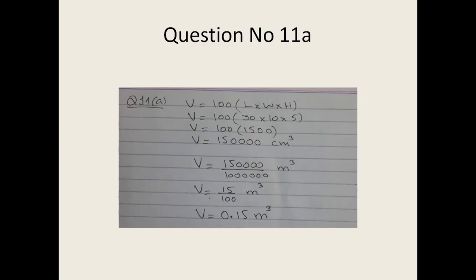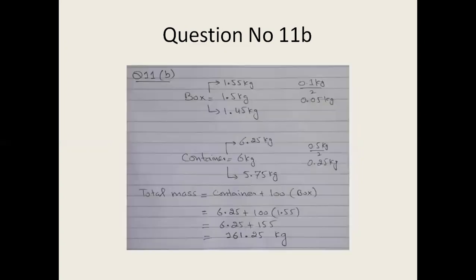If you want to convert centimeter cube into meter cube, you have to divide by 100, 100, 100. So it's like 1 and then 6 zeros. You have to divide by it. So the final answer will be 0.15 meter cube. So this is how you do the question number 11A part.